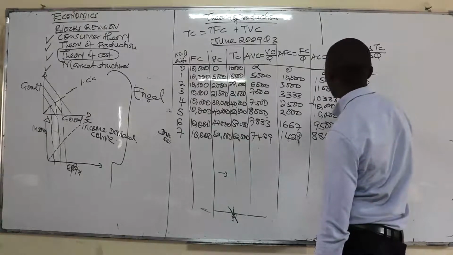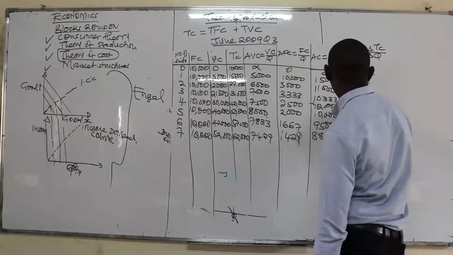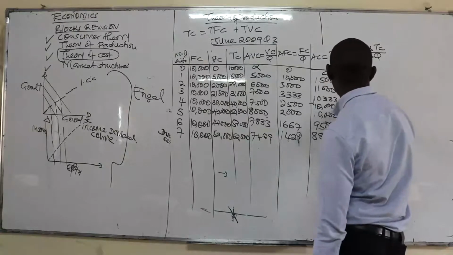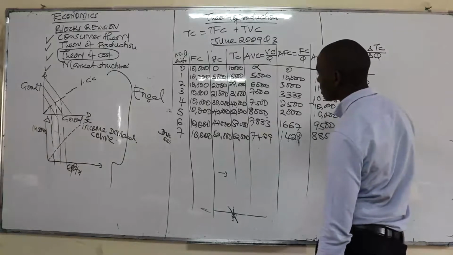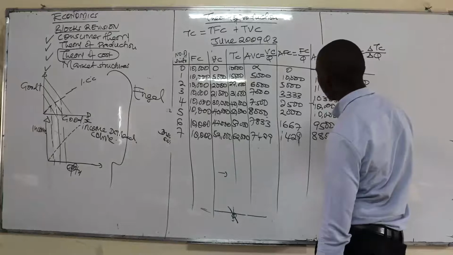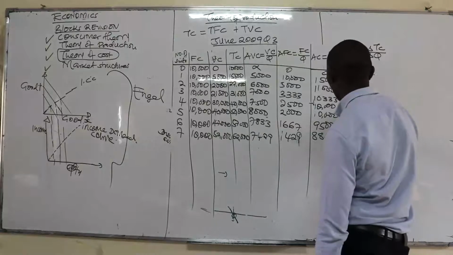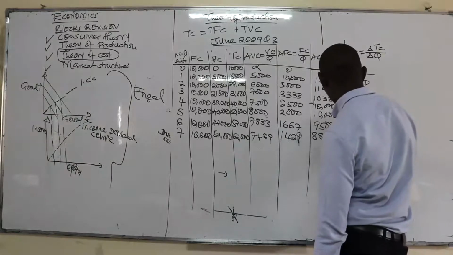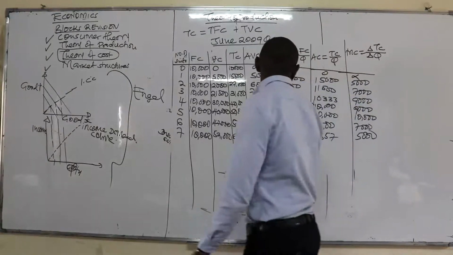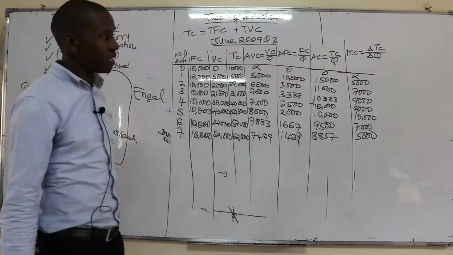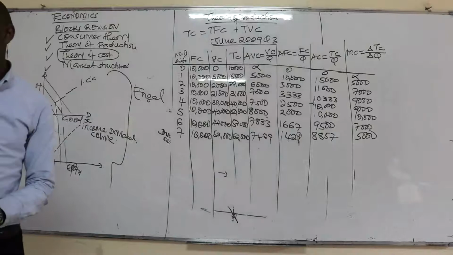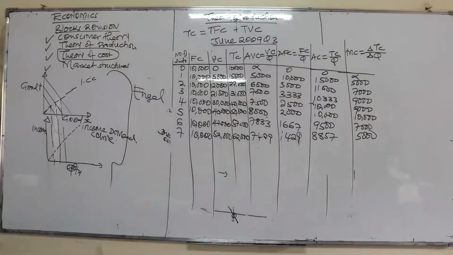Then the next one will be 9,000, then 9,000 again, then 10,000, then 7,000, and then 5,000. That is how you get the marginal cost: the change in total cost all over the change in quantity or the inputs.